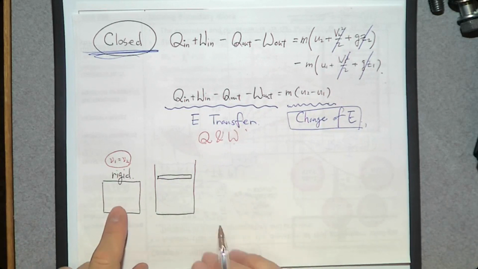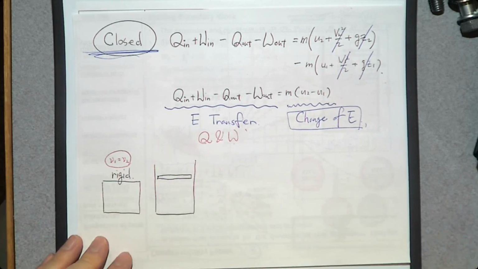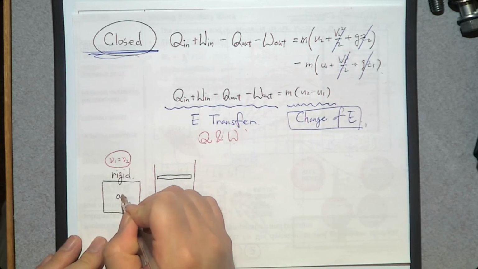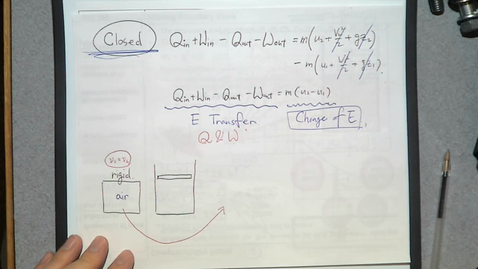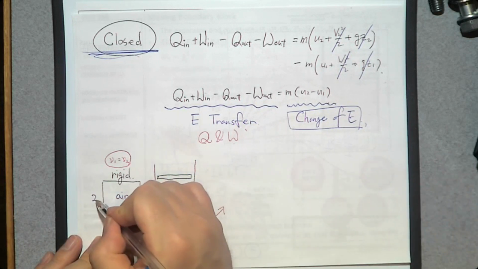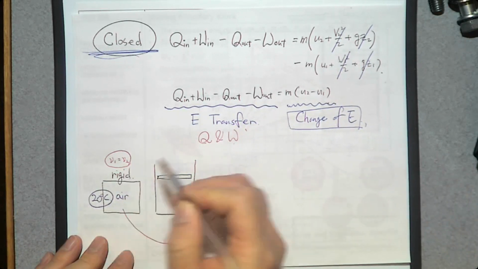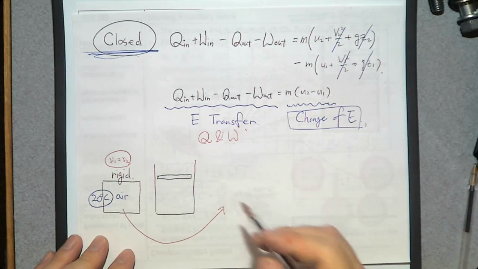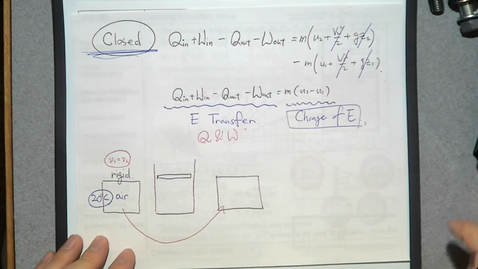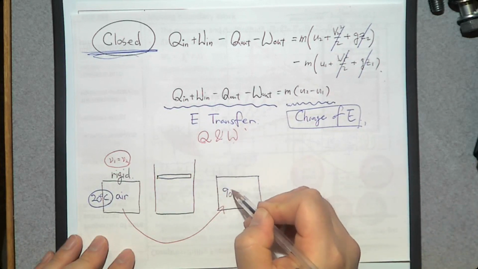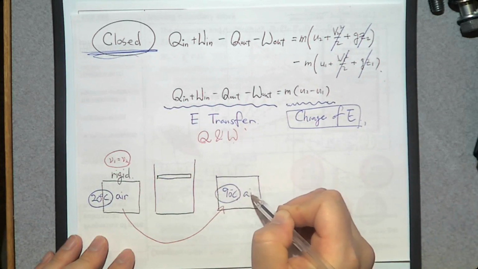If you heat air in the rigid container, then its temperature goes up, let's say from 20 degrees Celsius, room temperature, up to 90 degrees Celsius, no problem.